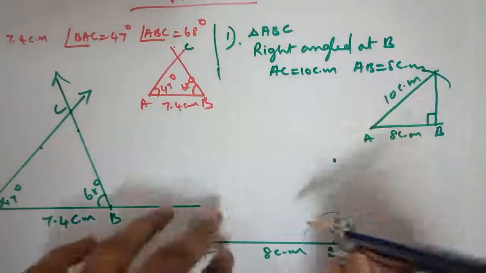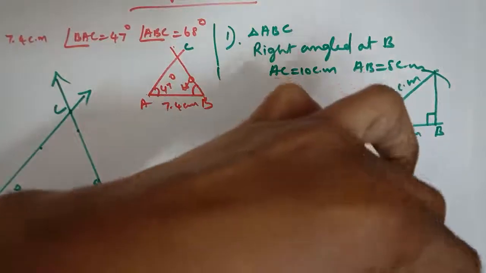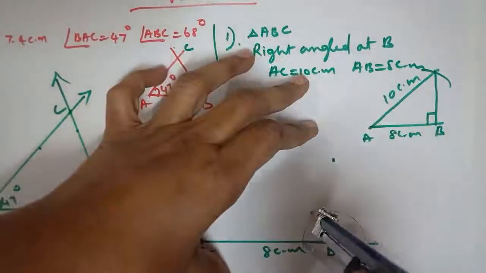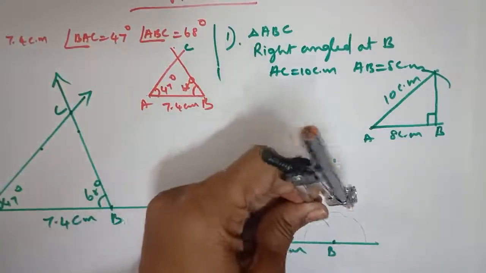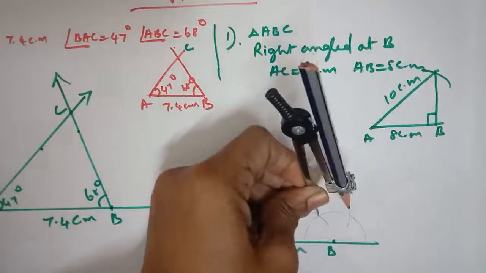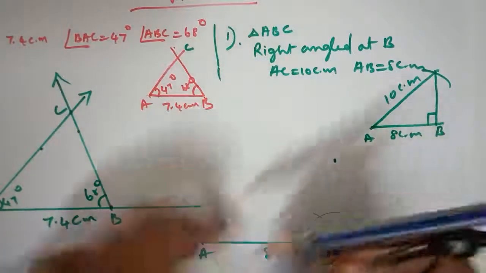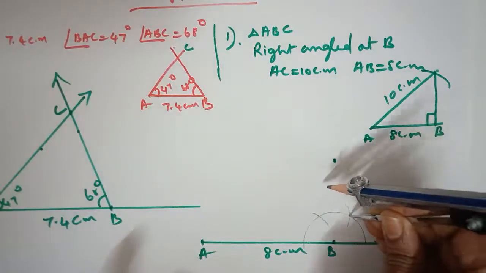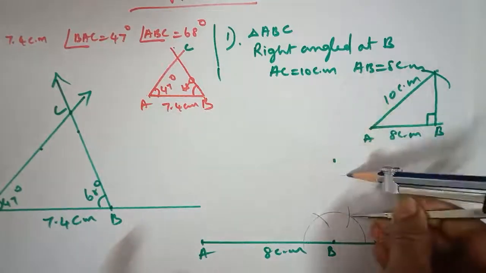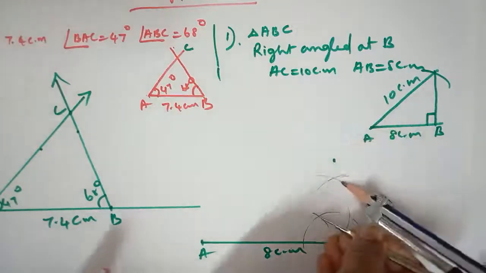And then don't change the measurement, taking this point as center draw an arc. Now taking this point as center, draw another arc. Now change the radius a little bit. Taking this point as center, draw an arc, and now taking this point as center, draw an arc which intersects the previously drawn arc.